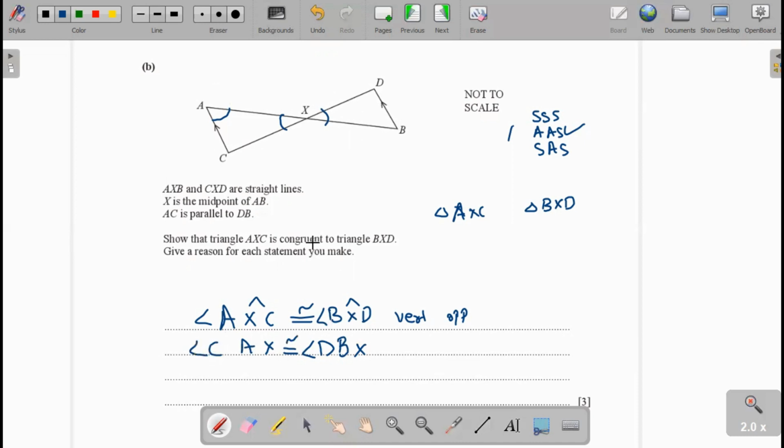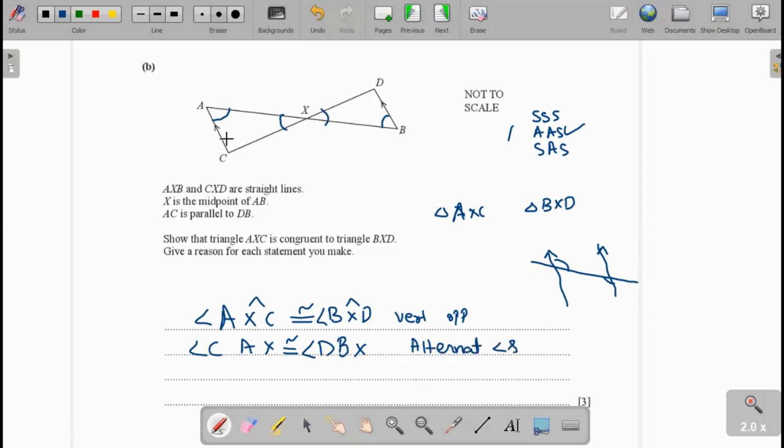The reason is that these are alternate angles. If two lines are parallel and this is the transversal line, then this angle will be equal to this angle, and this is the alternate angle. We write it: alternate angles.